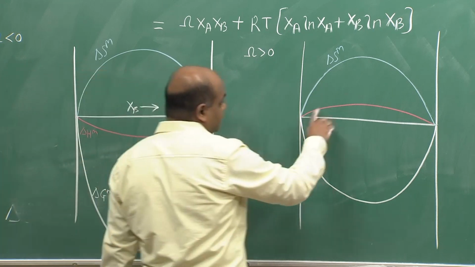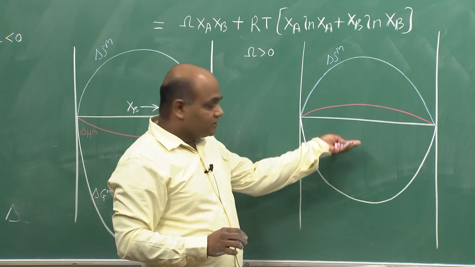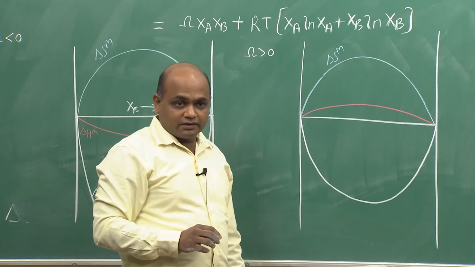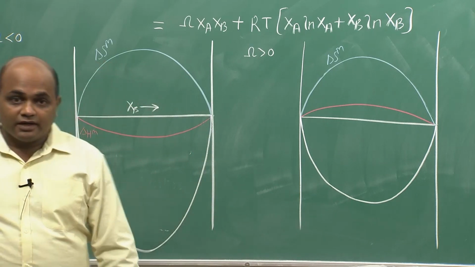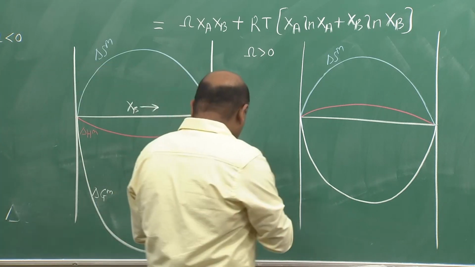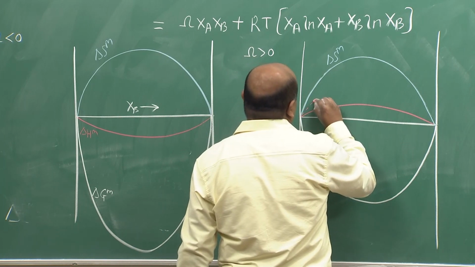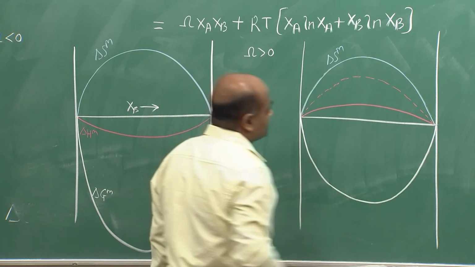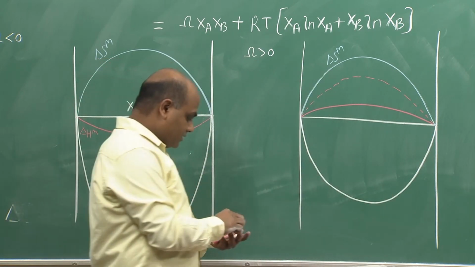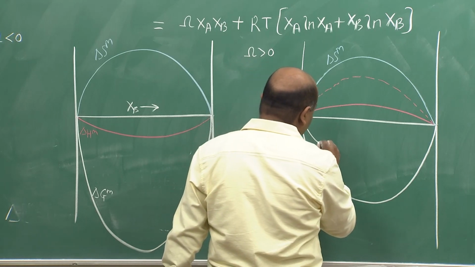So as this becomes more and more positive, what happens? This curve will increase. It will also affect the curvature of delta GM, right. And when delta HM is very high, you will see there will be a negative curvature developed on the delta GM curve.